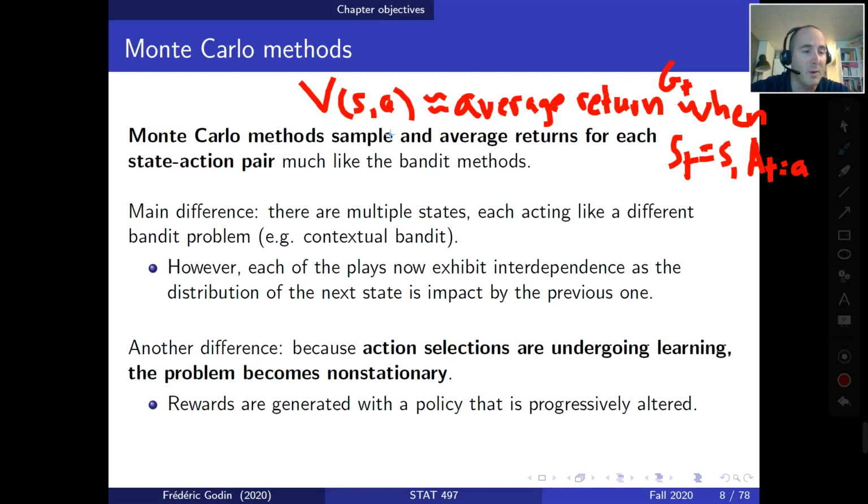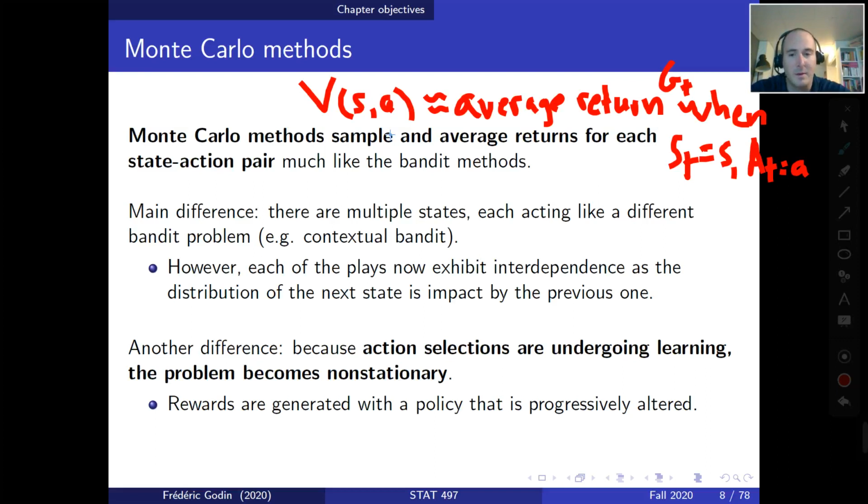Whereas in the contextual bandit, this didn't happen. Let's say you had a blue color at one point, then you take an action, and at the next step, the color wasn't influenced by your previous action. But here in the Markov decision process, every time you sample from an action, this influences the subsequent state. So in that sense, the reward you get from the various time points is interdependent in the Markov decision process, whereas it wasn't in the bandit's case.